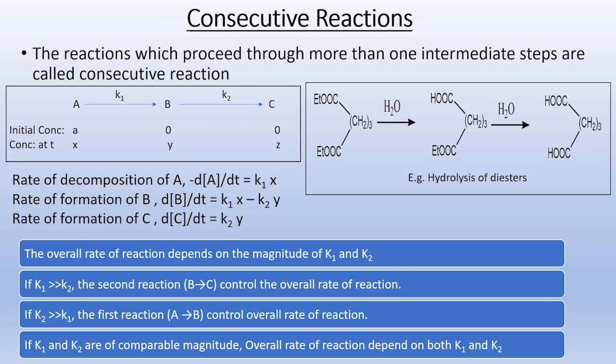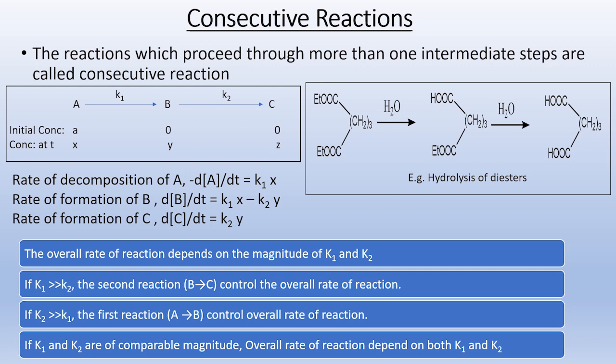So this way we can write the rate expression, and for any consecutive reaction the overall rate of a reaction depends on the magnitude of K1 and K2. Since we have two rate constants, the net rate of the reaction depends on the magnitude of K1 and K2. Suppose K1 is very much greater than K2.